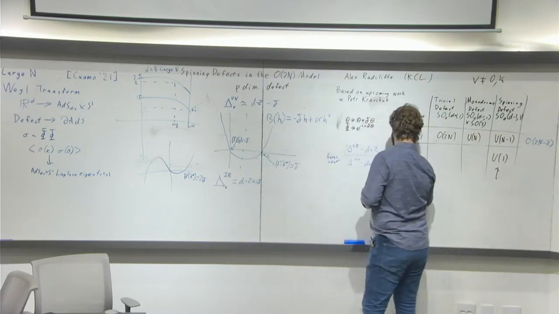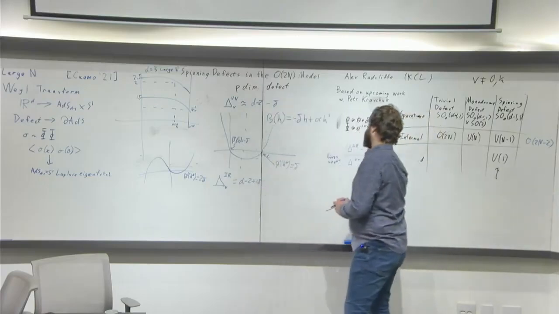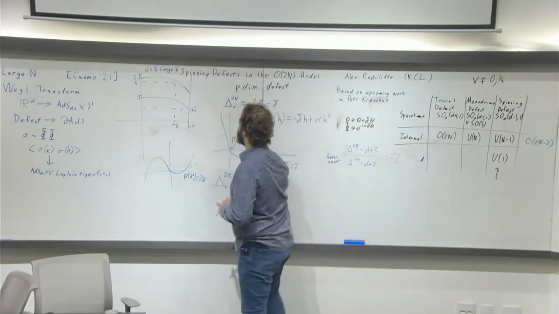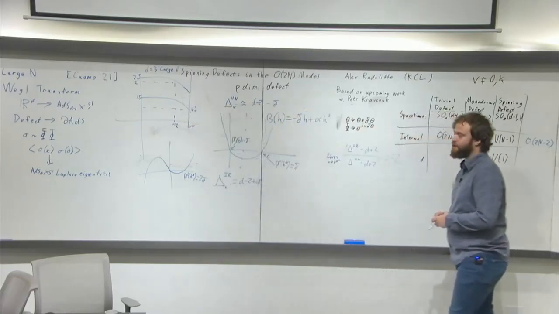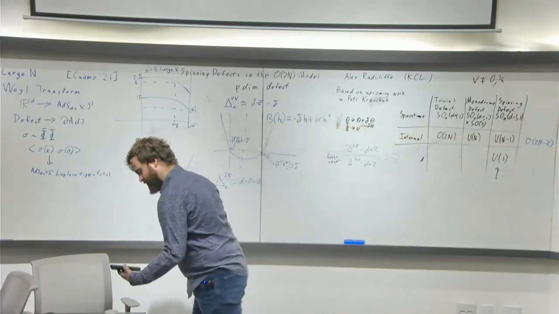And what we find is that this is indeed minus 2, as you would expect by looking at these two scaling dimensions. So what we find is that the conformal perturbation theory suggests that we have indeed identified the correct fixed point in this picture. And that's good, because it would be concerning if that weren't the case.